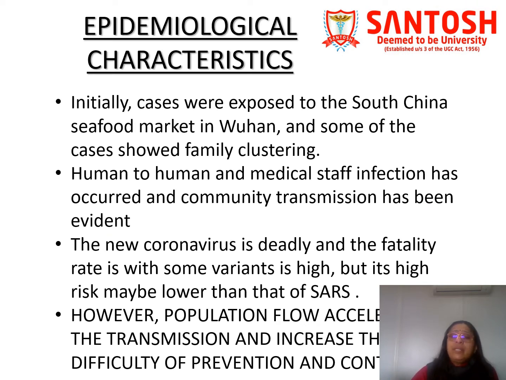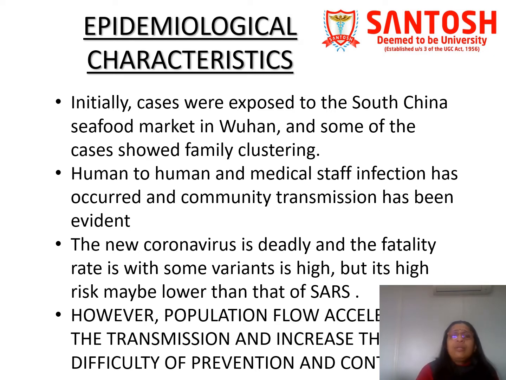Now, what are the epidemiological characteristics of this coronavirus? Initially the cases were exposed to the South China seafood market in Wuhan, and some of the cases showed family clustering. So it was thought that this disease had spread from the animals in the seafood market.